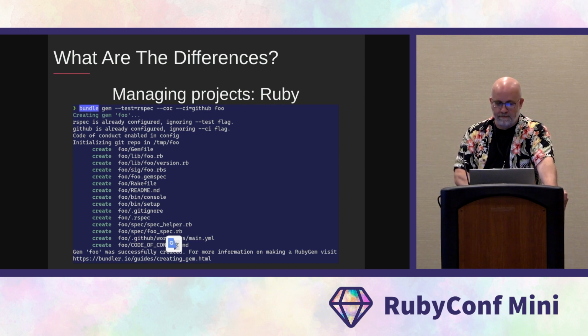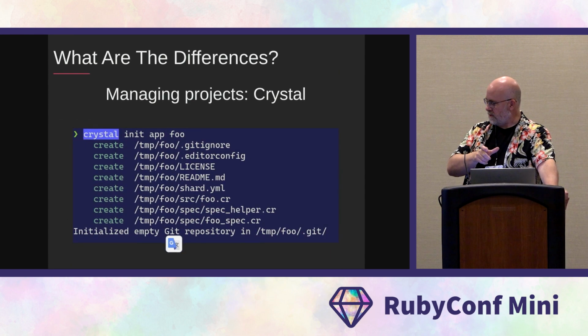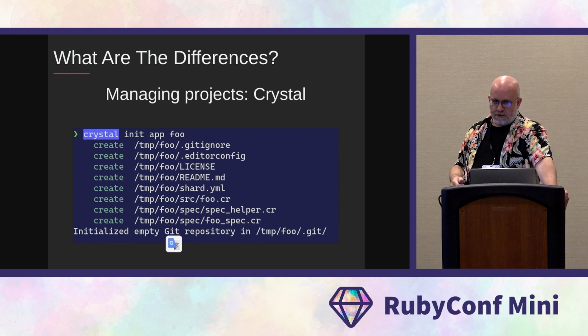And Crystal provides the same basic tooling in a slightly different shape. The Crystal command itself has this functionality, so it's not in a separate tool. You can just do crystal init, and you get much the same thing, just in a different tool.